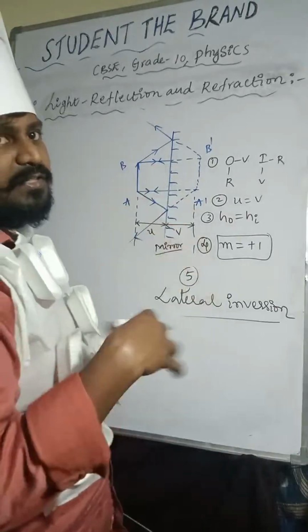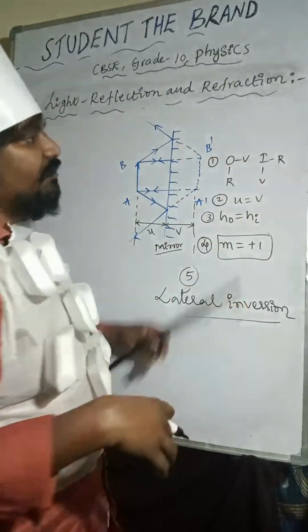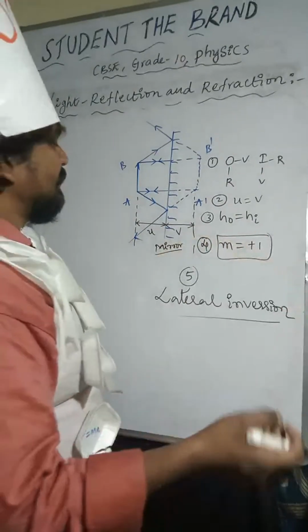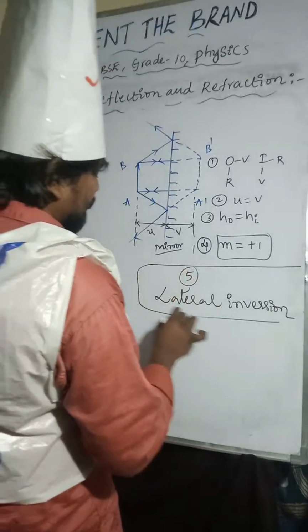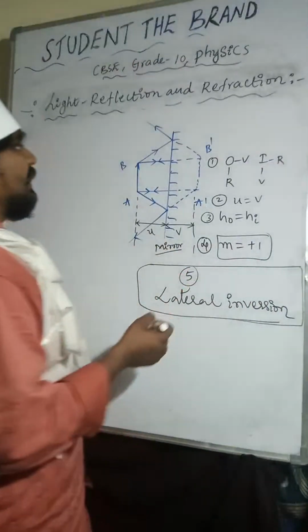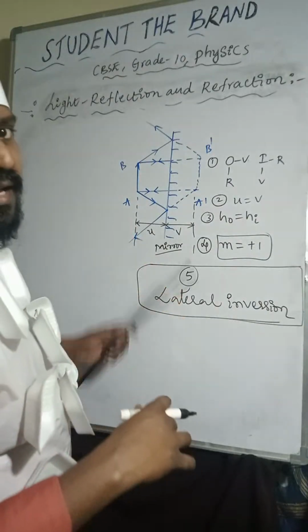If you stand in front of the mirror and lift your right hand, it appears on the left side. If you lift your left hand, it appears on the right side. That phenomenon is known as lateral inversion. So this is about the characteristics of the image formed by the plane mirror.